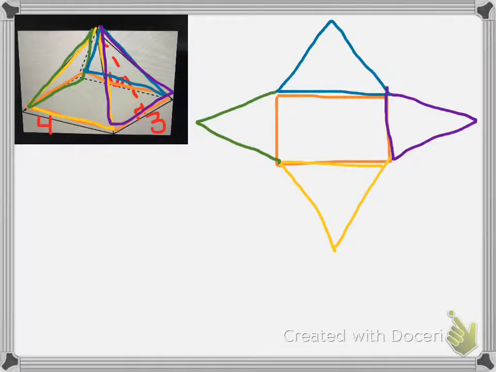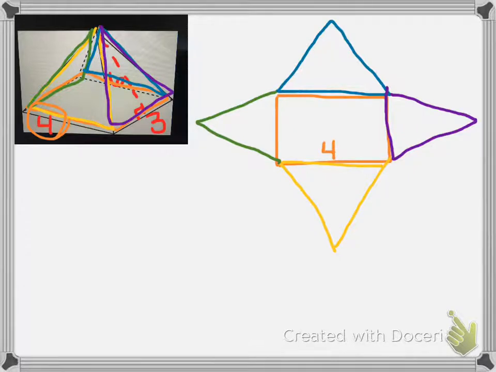We also need to go back in and put in the measurements, the dimensions. So I'm going to go back to the orange rectangle, and we can see here that this front edge is going to be 4 units, whatever that is.